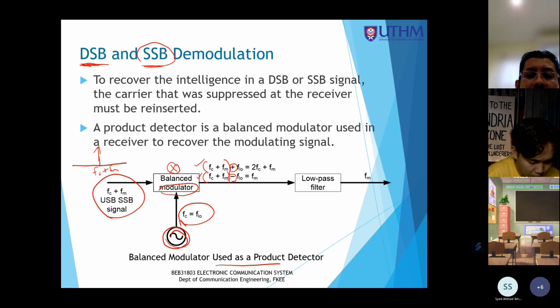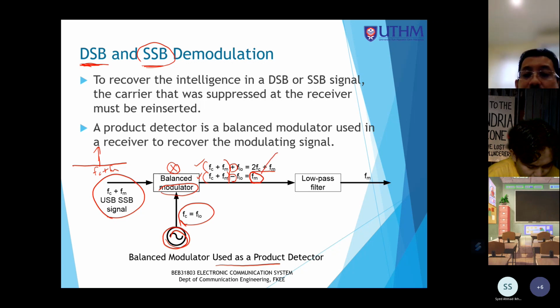Okay, so ini secara matematik dia terbitkan macam ni lah. Okay, so this upper sideband is a high frequency which we want to remove because we want to produce the original frequency. Okay, kita nak menghasilkan frekuensi asal.